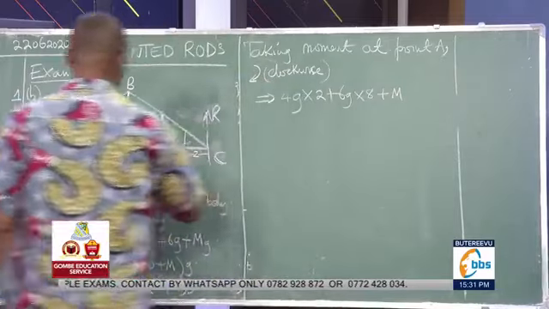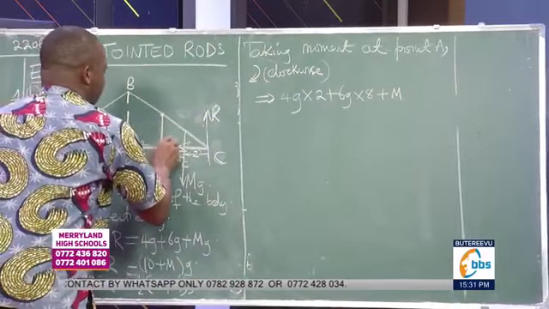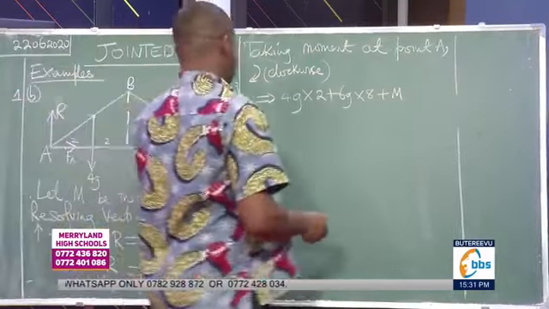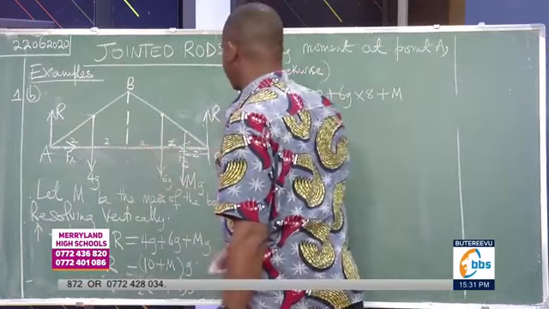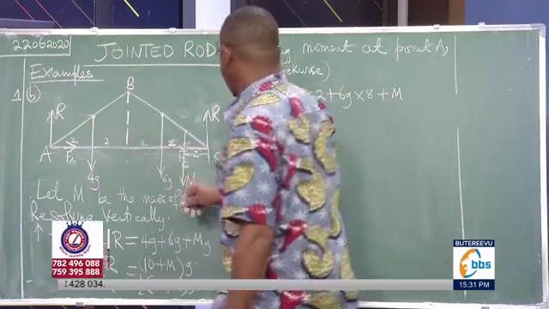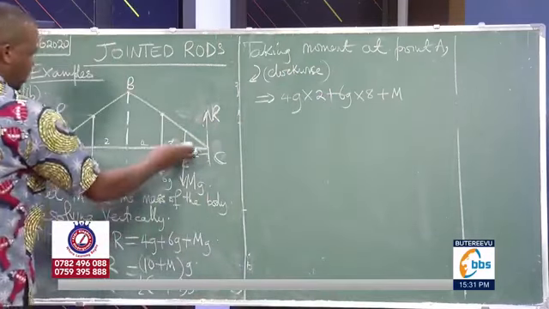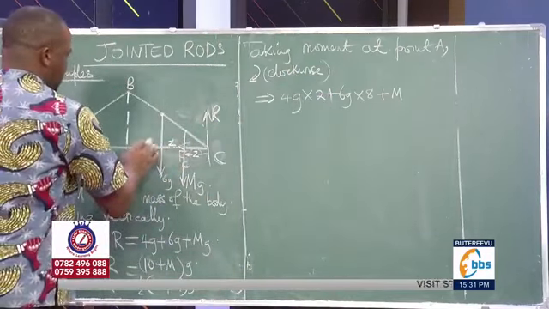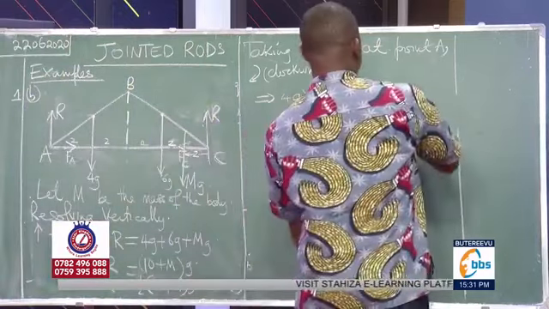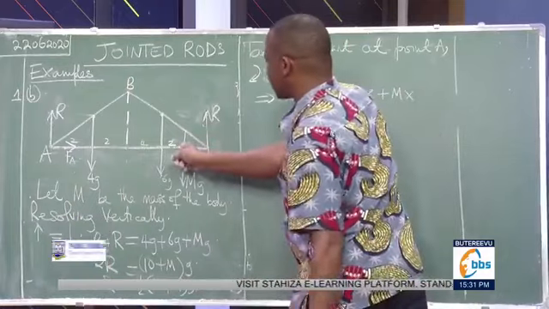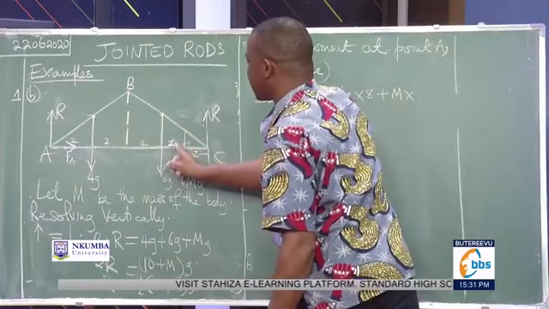The 6 is times 8, if this is 2 and this was 8. Then the m will be times from here. That is going to be 10.